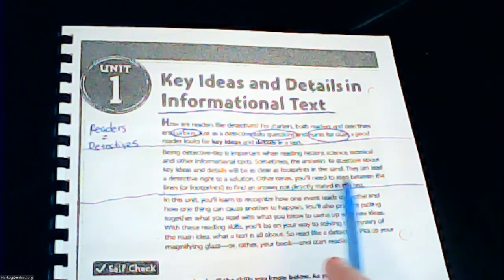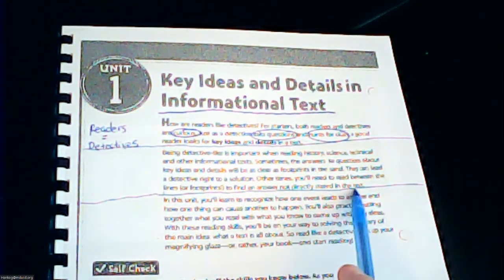Other times, you'll need to read between the lines or footprints to find an answer not directly stated in the text. Now, read between the lines is an idiom. That means you have to infer the answers to the questions. So when I think about what I read, remember we read about footprints in the sand and reading between the lines.